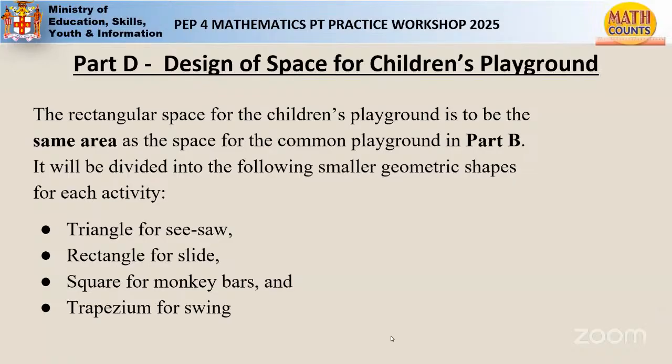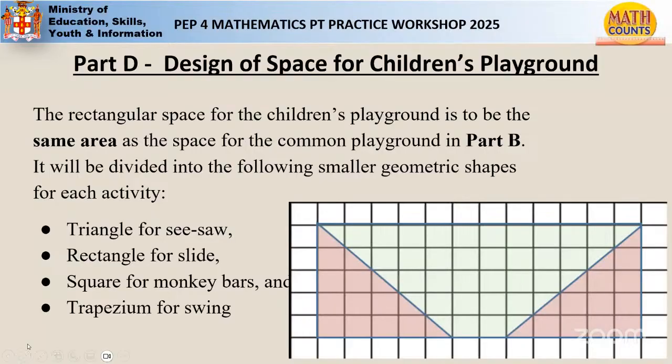It will be divided into the following smaller geometric shapes for each activity. Triangle for seesaw, rectangle for slide, square for monkey bars, and trapezium for the swing. So this is the space that you have to work with.